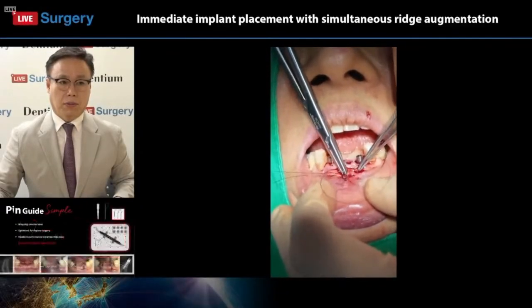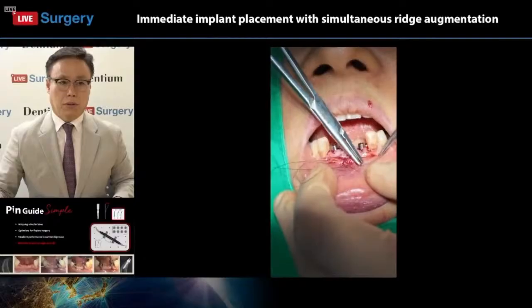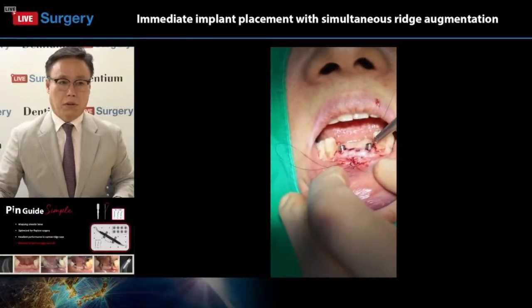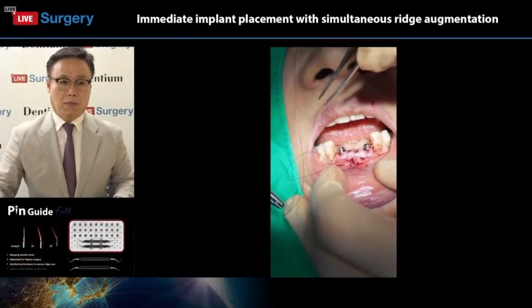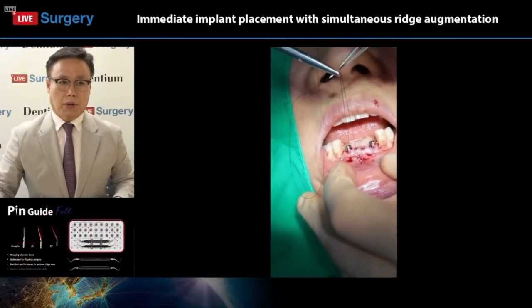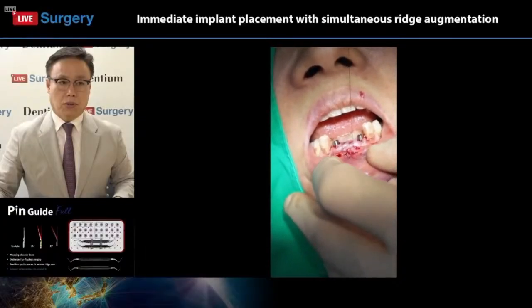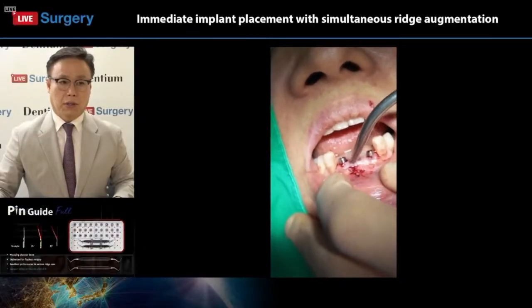It's very flexible. So see, we didn't have any problem with primary closure because we are using oral mucosa for that.